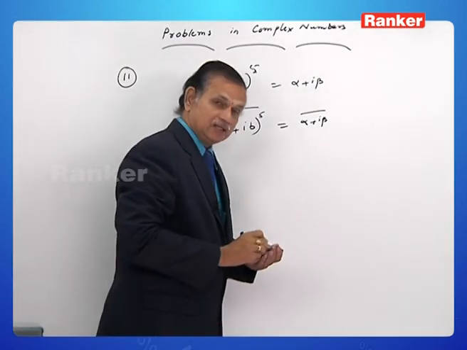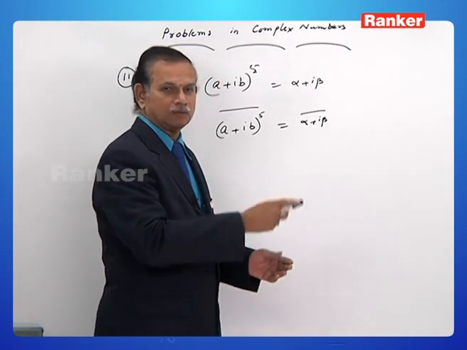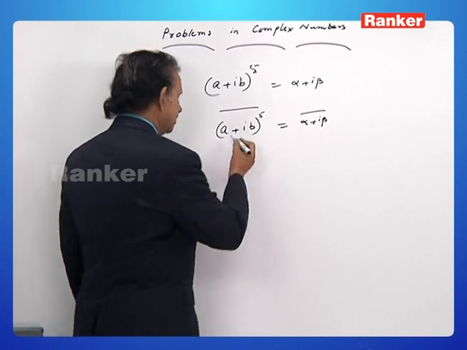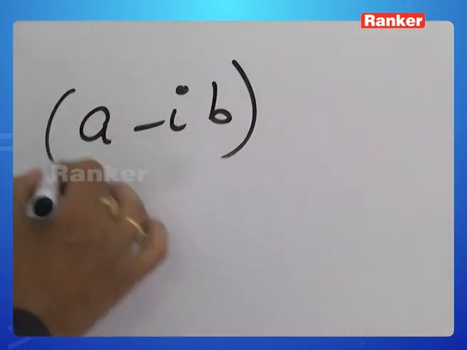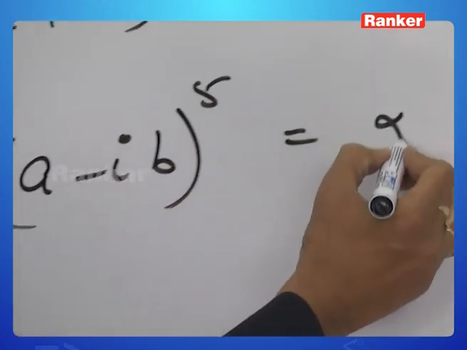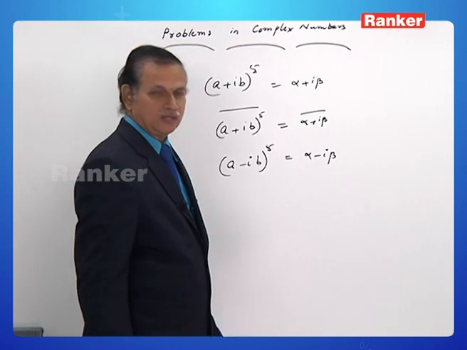That is, I could have taken the complex conjugates on both the sides. What happens? This is nothing but (a − ib)^5 = α − iβ. Isn't it? Okay.